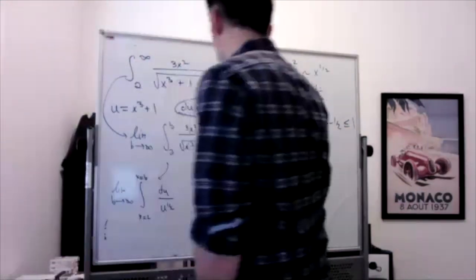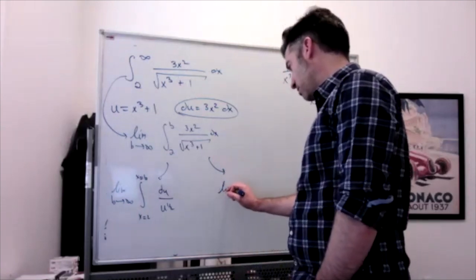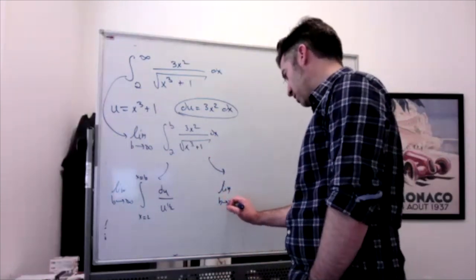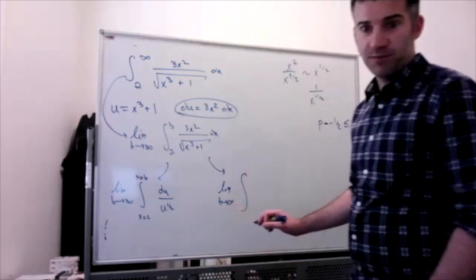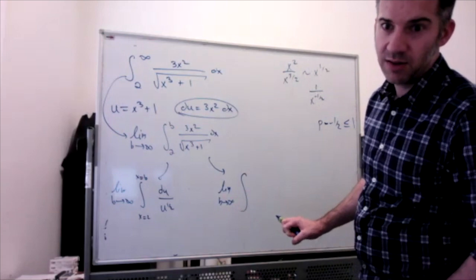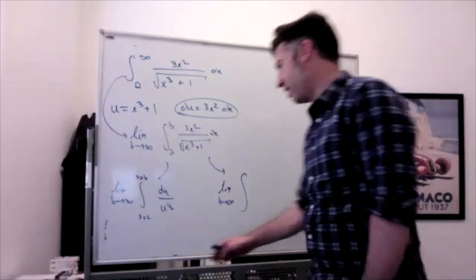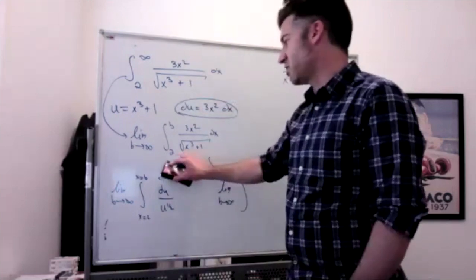Or if you wanted to, you actually could change the limits of integration. You can say the limit as b goes to infinity of the integral. Now, the person who wrote this, I don't think you should do it that way.